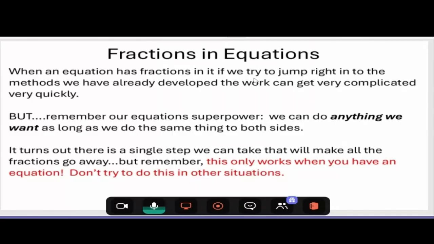No, you can't. Not if you're just adding two fractions, like 2/3 plus 3/4. You've got to do a common denominator, work out the tops, add them together, put them all together, see if it reduces, all the stuff that we've done so far. But if you have fractions in an equation, you can do something that makes them go away, as long as you do it to the other side. But if there is no other side to do it to, you can't do this. So only when you have equations.